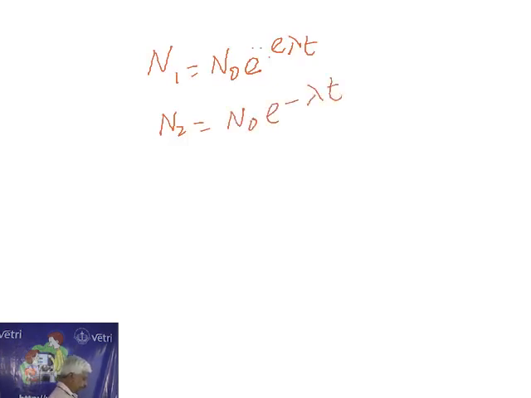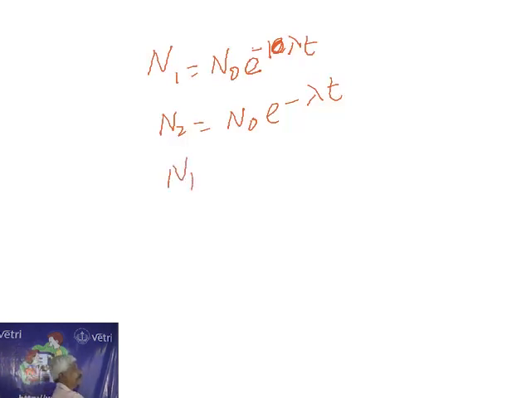We know the first one, N1 is equal to N0 e power minus 10 lambda t, and N2 is equal to N0 e power minus lambda t, because the problem gives the decay constants of X1 and X2 as 10 lambda and lambda.